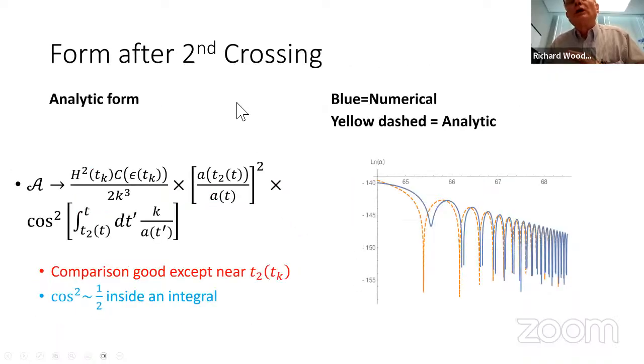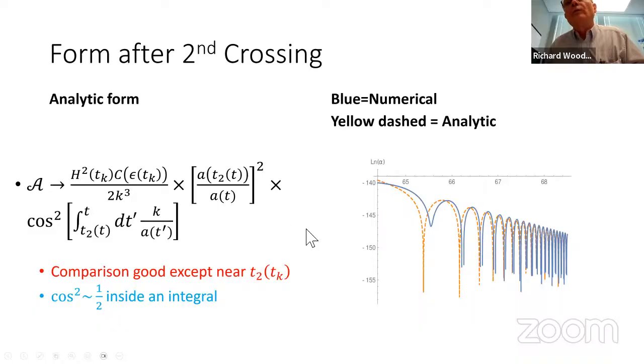The form after second horizon crossing, of course, the thing then begins undergoing oscillations. It starts out with the amplitude of the first horizon crossing form. It's got a 1 over a squared term in it, and then because it's a mode squared, it goes like cosine squared of an integral that looks like that. And here's again a numerical comparison.